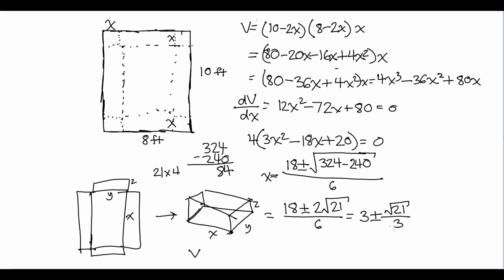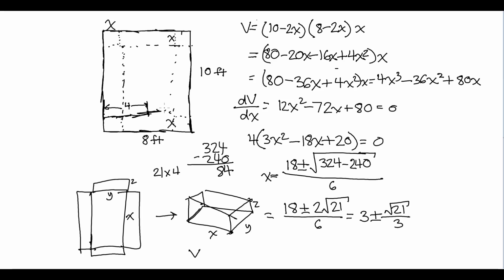Some approximation. That gets us above 4. And this is actually a problem, because if we cut more than 4, it will be impossible to make a box since the cuts can have a maximum of 4 inches. Otherwise you'll be overlapping into the other side and it'll be impossible to fold the box.